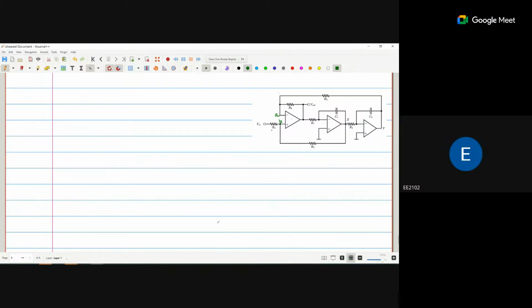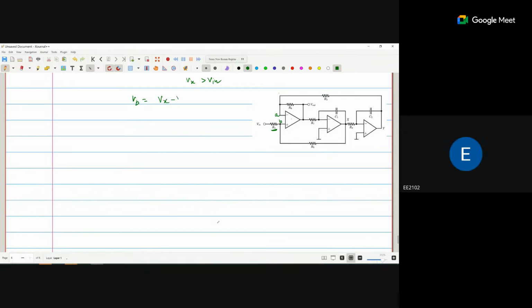Now, what is the voltage drop across this point? So the voltage VB is what? If we assume that the voltage at X is greater than Vin, because this is the output of op-amp, and output of op-amp always having the amplification. So Vx is greater than Vin. So what is the voltage drop across VB? That is R4 by R4 plus R5 into Vx.